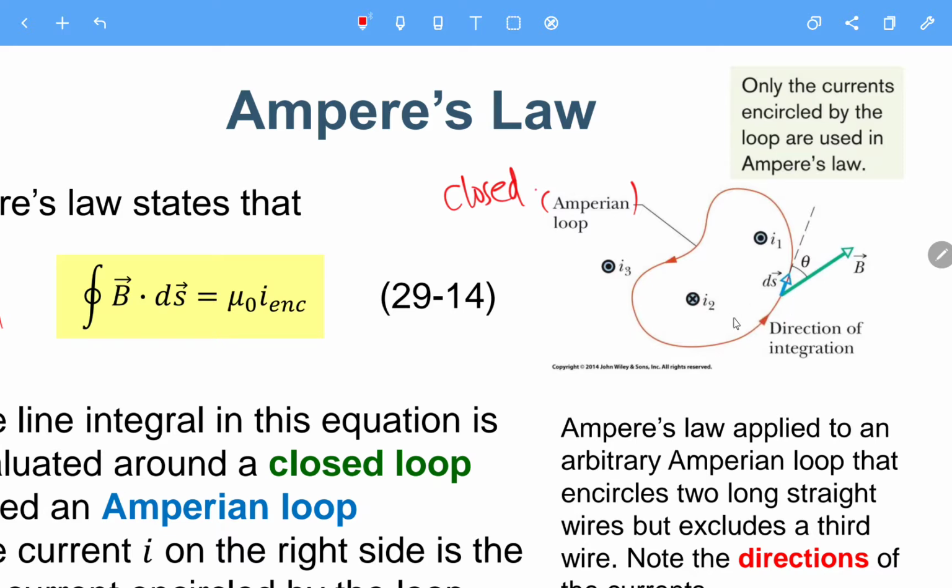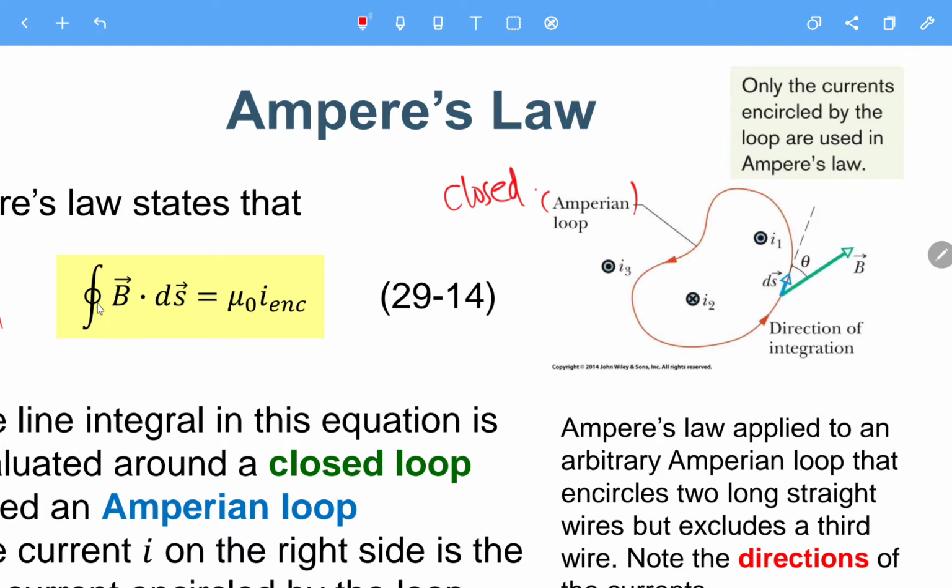So far we define the loop in this direction. At this point ds is the tangent line following this direction. We can calculate B dot ds at this point, and of course for every point, and then add them together using the Riemann sum. So it is an integration, and we call it line integration.